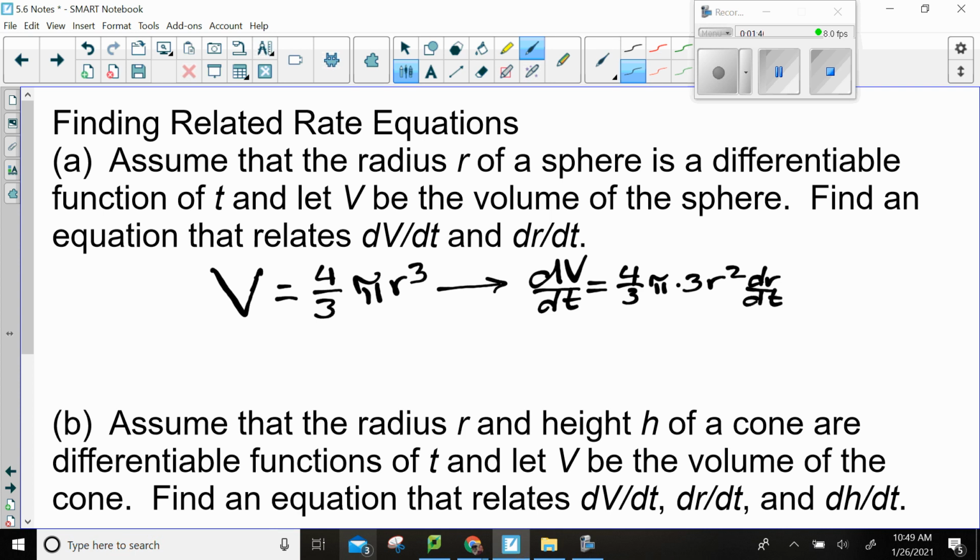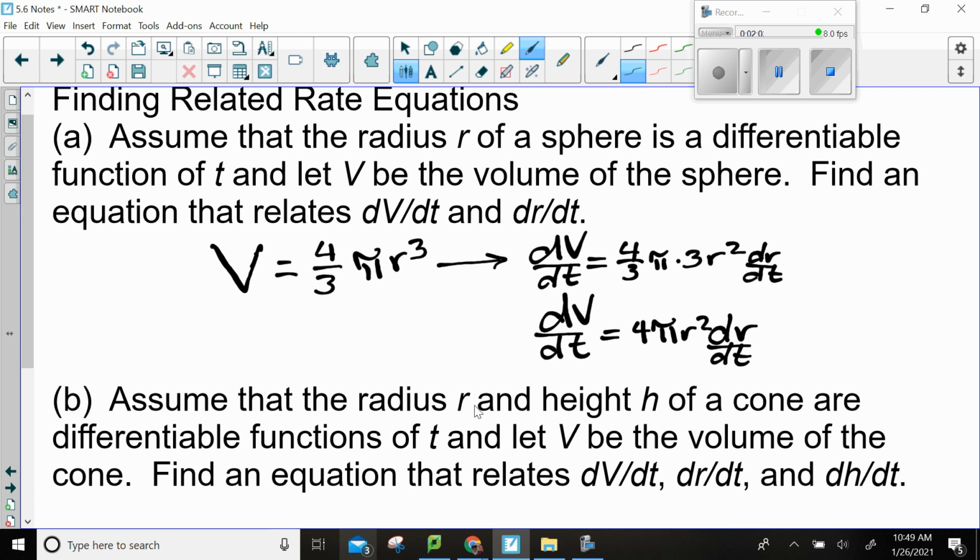Then I simplify the 4/3 and the 3, so I have dV/dt equals 4 pi r squared dr/dt.